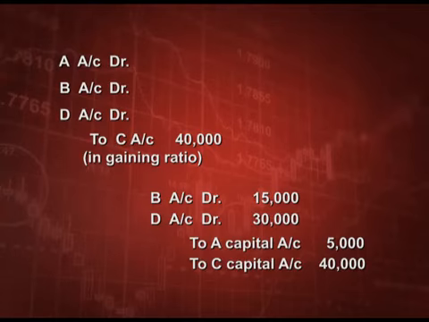So, you clearly see that generally the entry is A, B, D to C, but now in this case, as A is sacrificing, he is credited and not debited.